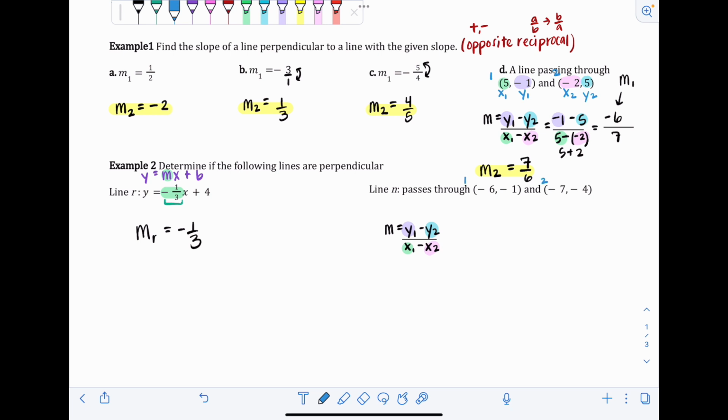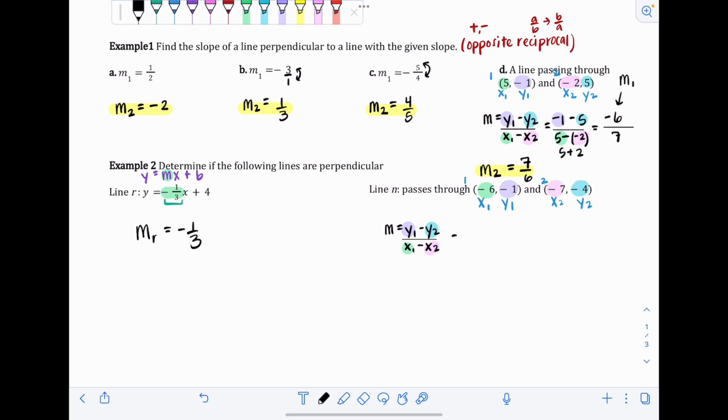So this will be x1, y1, x2, y2. So negative 1 is going to go in for y1, and then negative 4 is going to go in for y2. Negative 6 is going to go in for x1, and then negative 7 would go in for x2.